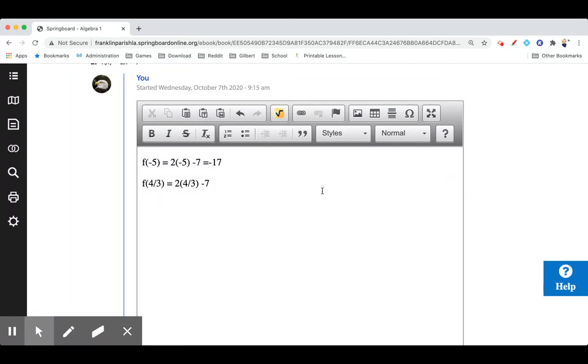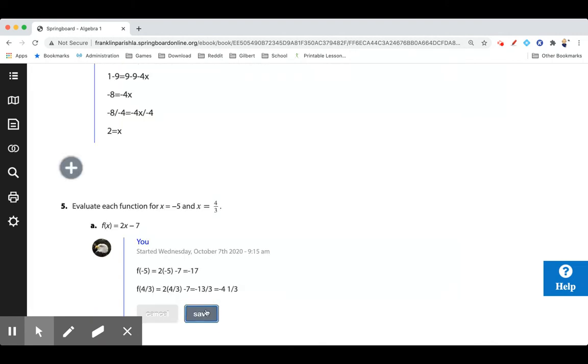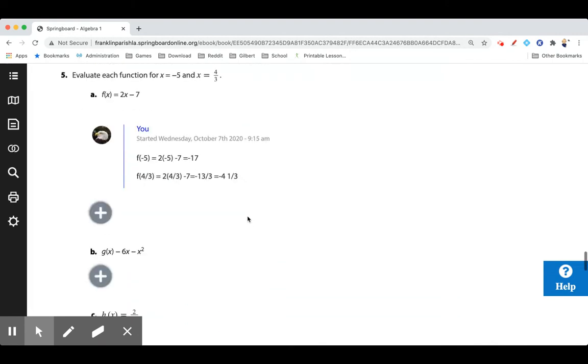So 8/3 minus 21/3 is negative 13/3. And we could write that as negative 4 1/3. We're just replacing the x with what they tell us using our function notation.